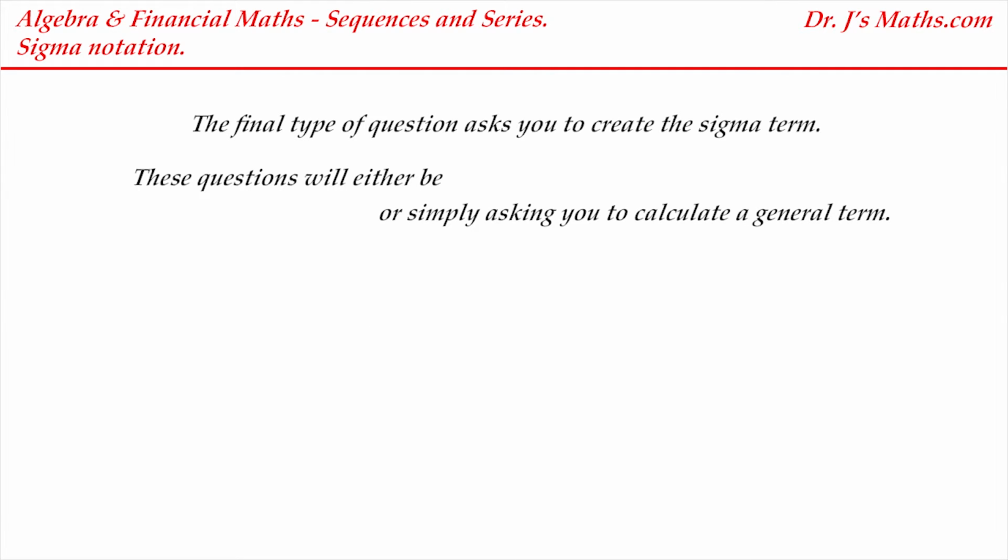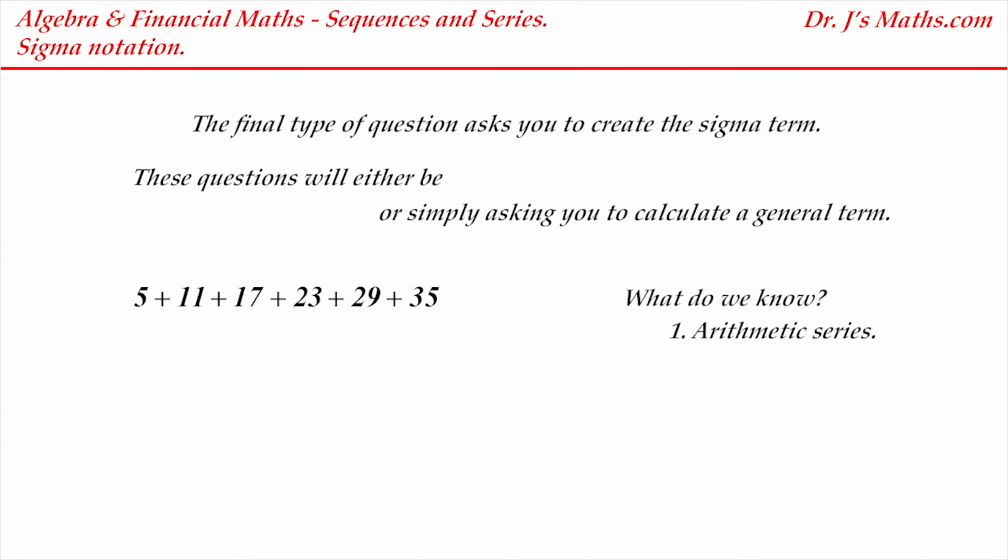Other questions asking you to write a series in sigma notation are simply asking you to calculate a general term. For example, we may be given 5 plus 11 plus 17 and so forth. So we've got 6 terms here. And what do we know? We know that it's an arithmetic series. The first term is 5, the common difference is 6, and we have 6 terms.